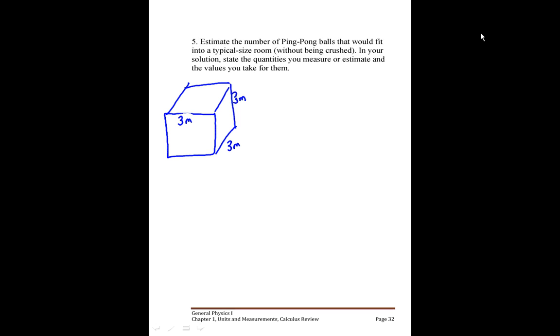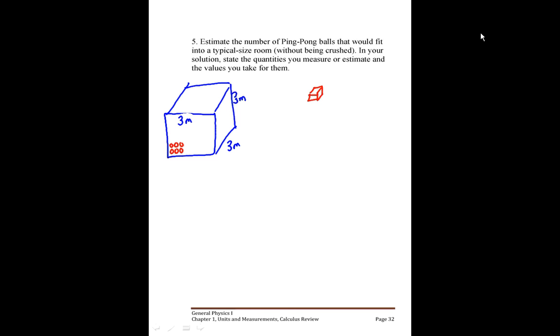So I'm going to stack ping pong balls in this room, one on top of the other, all throughout the whole volume of the room. I want to know how many will fill that room. Now I'm going to imagine that these ping pong balls are actually little cubes, and inside that cube you have your ping pong ball, because when you stack ping pong balls, there's space in between them, and so you can imagine instead of stacking spheres that you stack cubes, and you get more efficient stacking there.